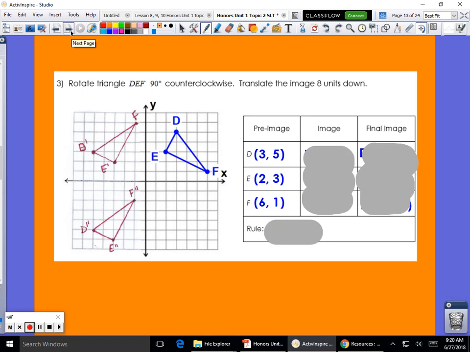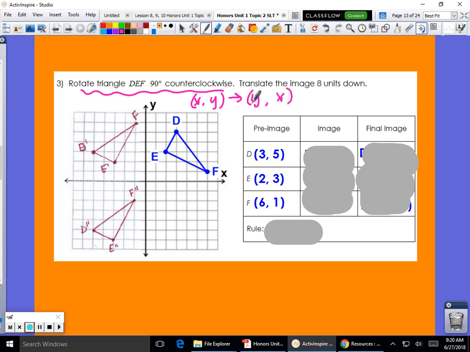All right. So here you have your original points for DEF. Go ahead and plot those points. Rotate the triangle 90 degrees clockwise. (x, y) goes to... X and Y switch places.